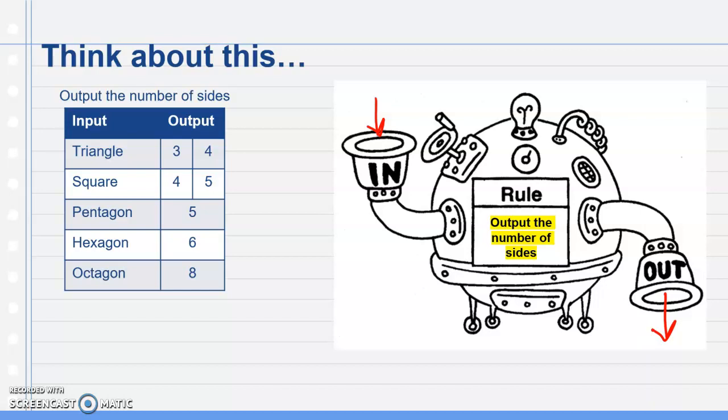Or what if a square happened to have 4 or 5 sides? Like it could be either one. Or let's think about a phone number. You dial your best friend's phone number, and sometimes you get your best friend that answers. Then sometimes it's your worst enemy that answers. Like that's not what happens. Your phone number goes to that one particular person. So something's a little bit off with this table.